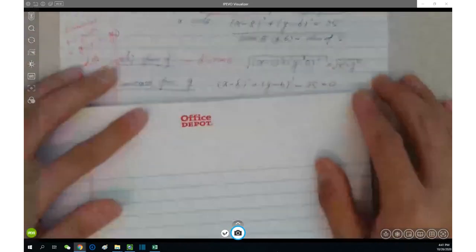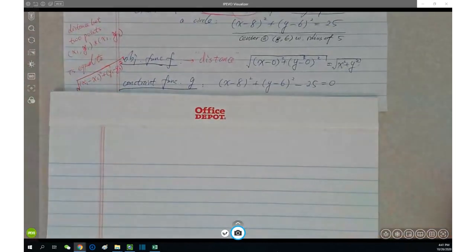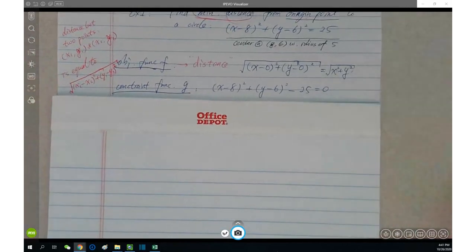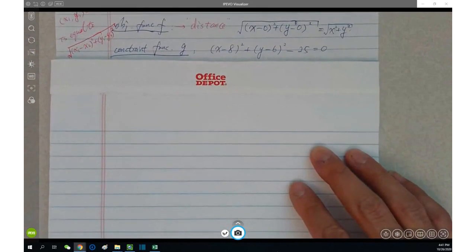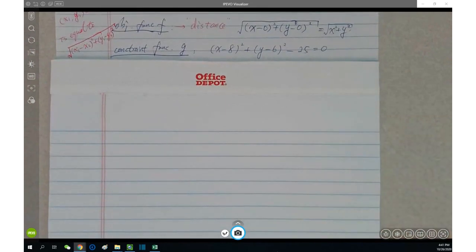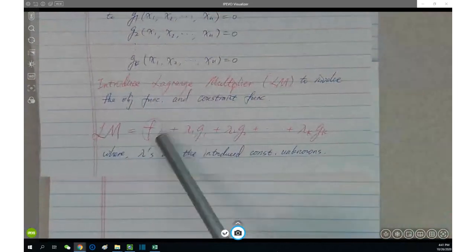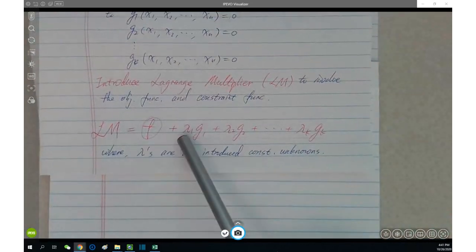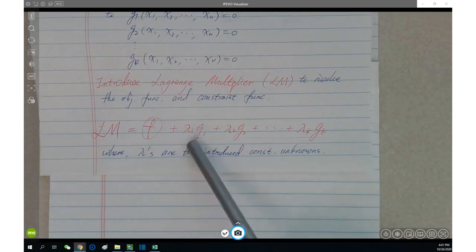So based on this f and g, obviously we only have one g, right? We don't have any other constraint. One f with one g here. So if you recall, the Lagrange multiplier function here is just simply f plus, introduce one lambda, that's enough because we only have one g, plus lambda times g.